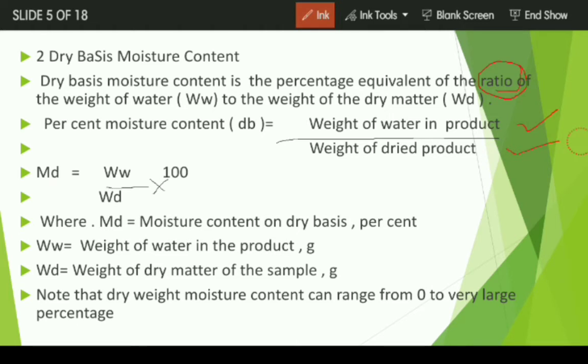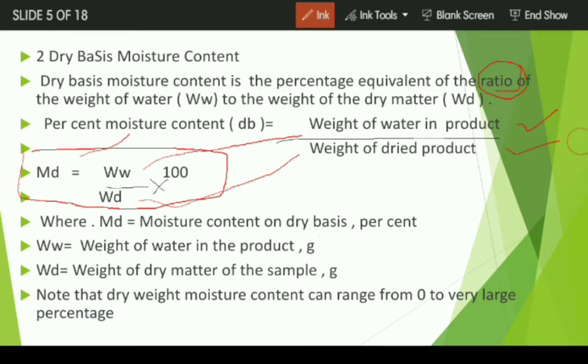In formula, it is represented by MD is equal to WW upon WD multiplied by 100. Where MD represents percentage moisture content, WW represents the weight of water in the product, and WD represents the weight of dried product.